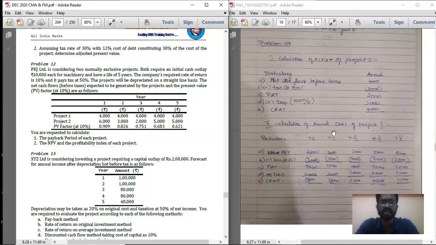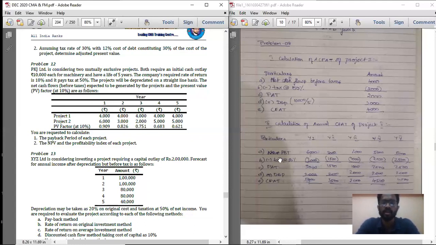Below that, 6 columnar table. First column particulars, second column year 1, third column year 2, fourth column year 3, fifth column year 4, and last column year 5. Below particulars, same format.